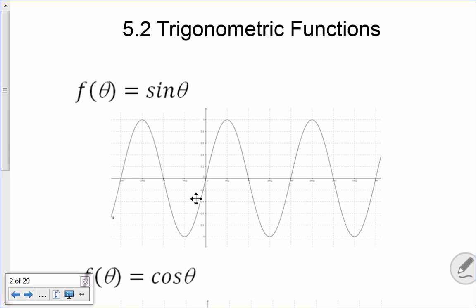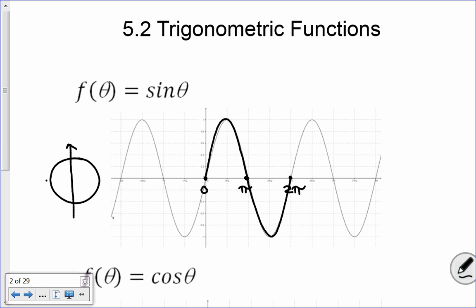So what you have to keep in mind is this is your general or basic sine function. It starts at 0, finishes at 2 pi, and halfway you're at pi, and that comes from your circle. If you remember the circle, when we start at 0, the coordinate is 1, 0, and sine is the second coordinate.